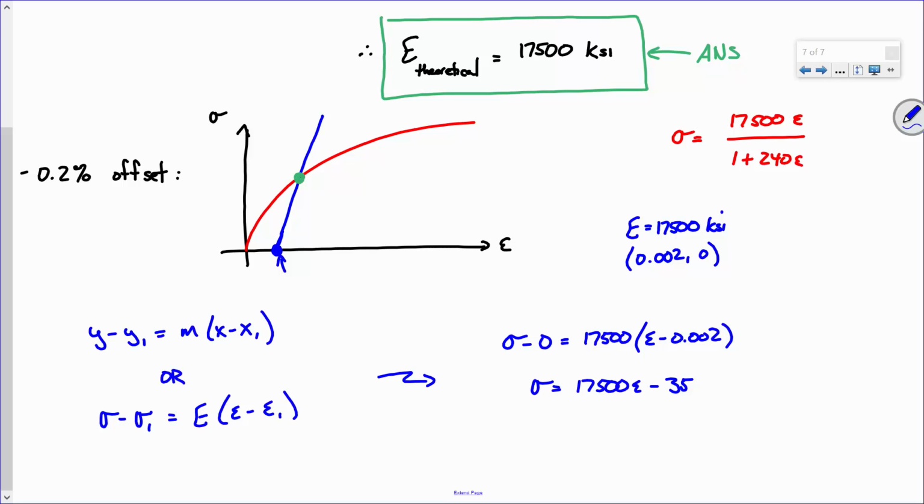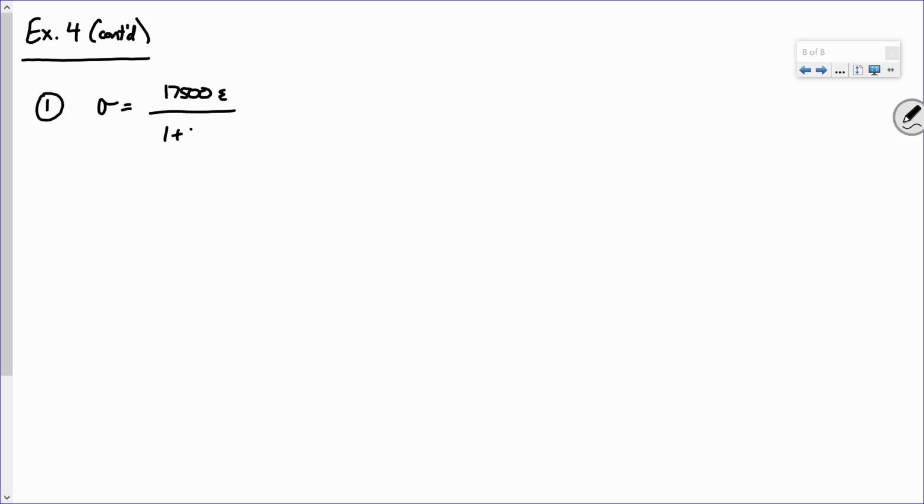Okay. So now, so we have equation 1. And equation 2, which is, right?